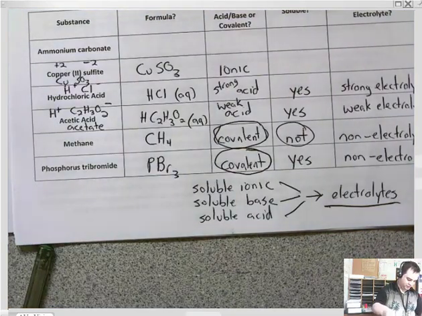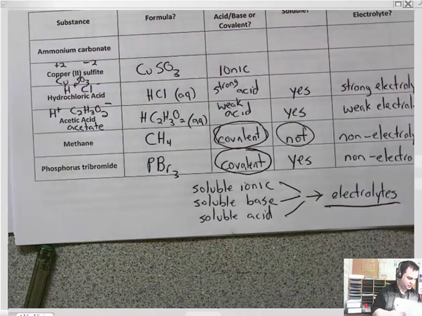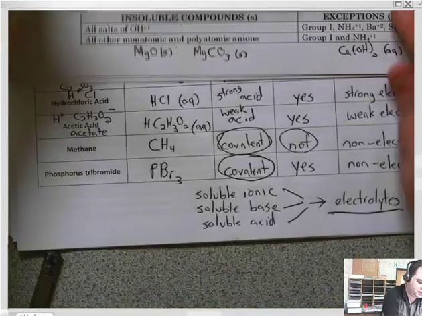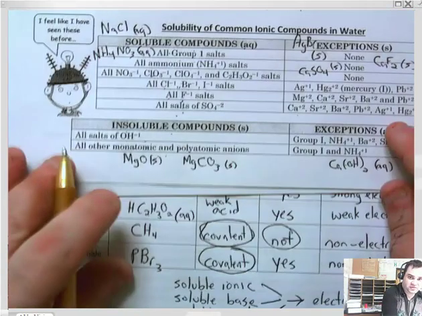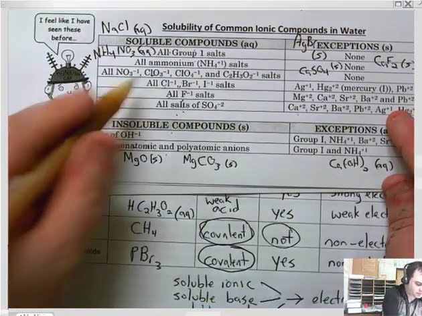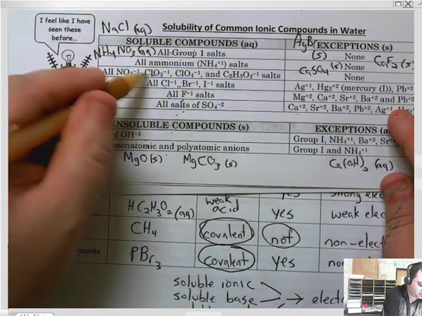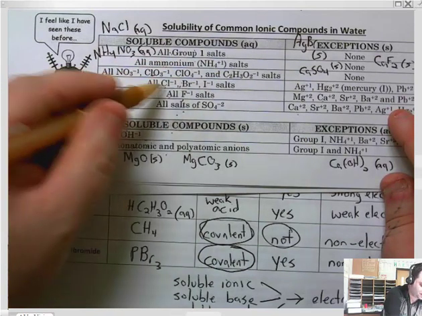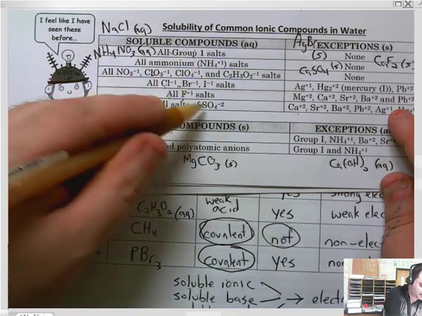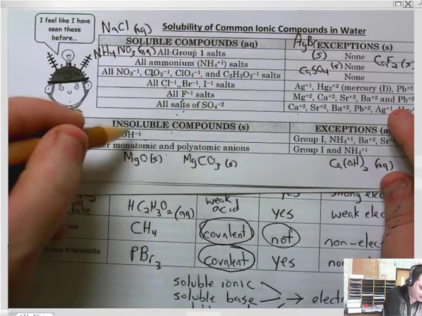Now we have to look at our rules. Copper is not group 1, not ammonium, not nitrate, chlorate, perchlorate, or acetate, not chloride, bromide, or iodide, not fluoride, not sulfate.